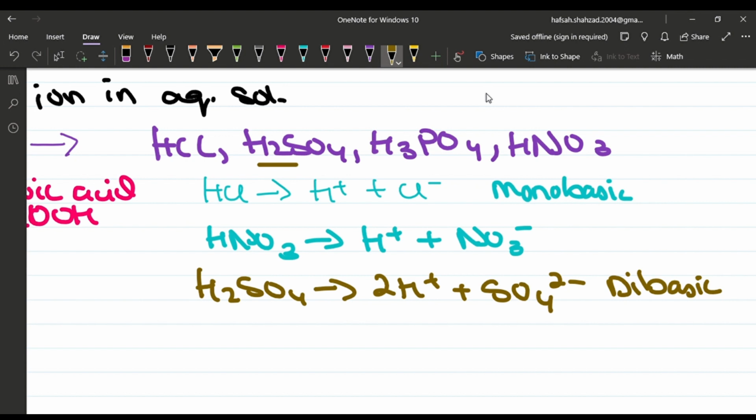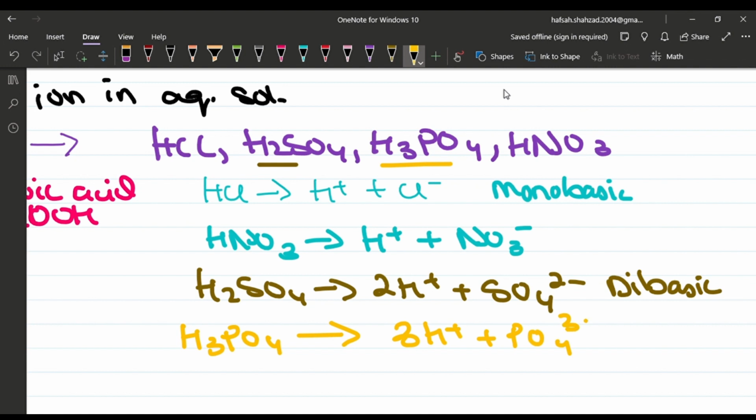Followed by this, we have our tribasic acid, phosphoric acid, H3PO4. In aqueous solution, it gives out 3 moles of hydrogen ions, and a phosphate ion as well. So that's our tribasic acid.